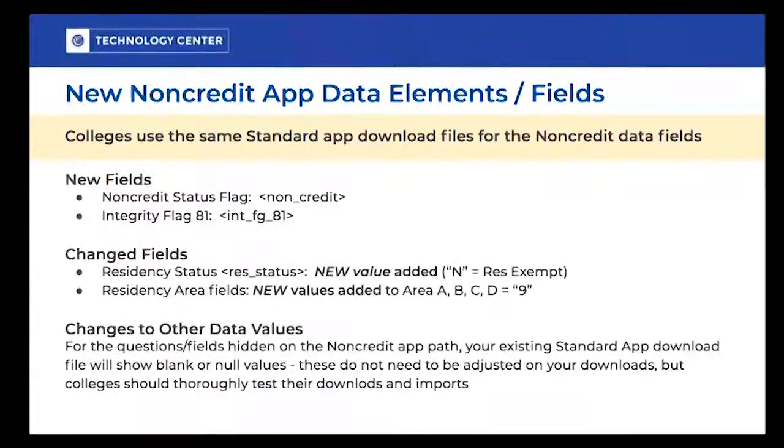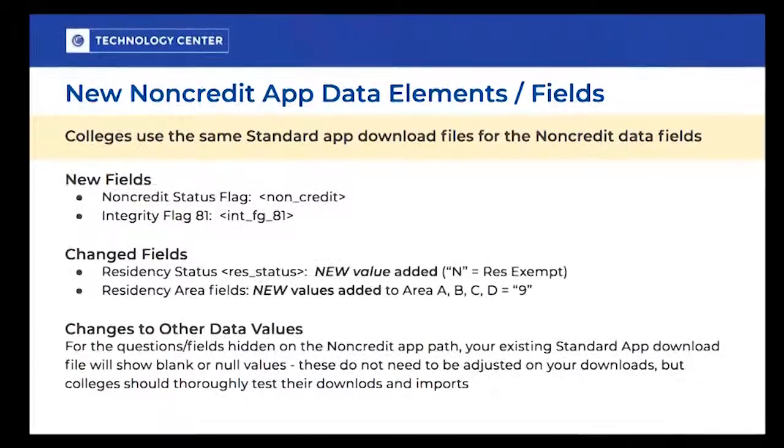We also added a couple values to the residency status fields. Not all the residency questions that we hid, but behind the standard application there is a residency algorithm. It has 4 areas that are calculated separately.